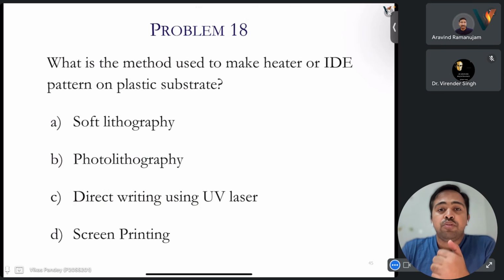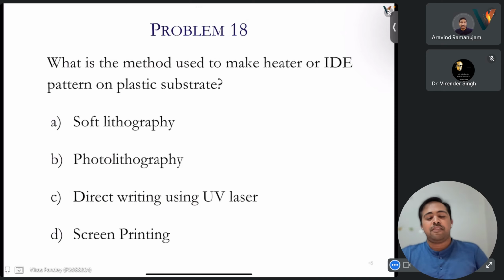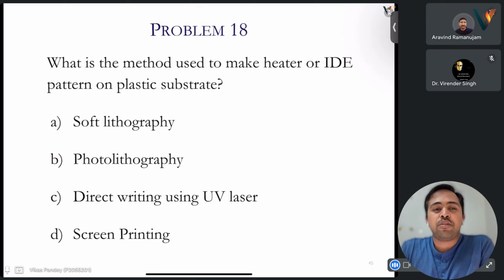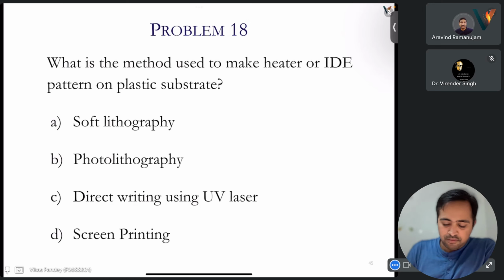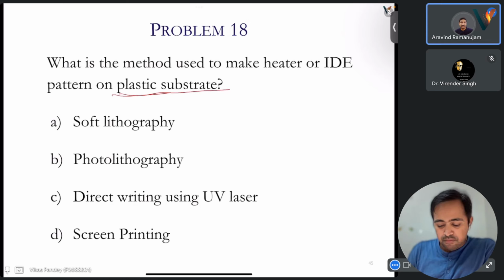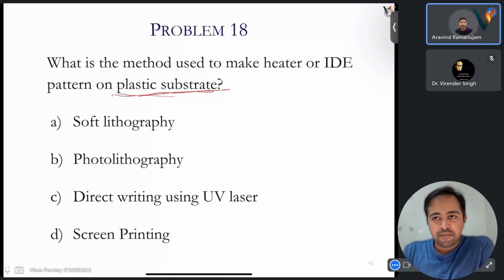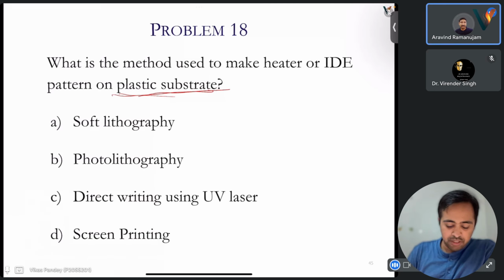What is the method used to make a heater or ID pattern on a plastic substrate? Soft lithography, photolithography, direct writing using UV laser, or screen printing? So plastic substrate in the sense of the OHP sheet. Yes, so it is screen printing.